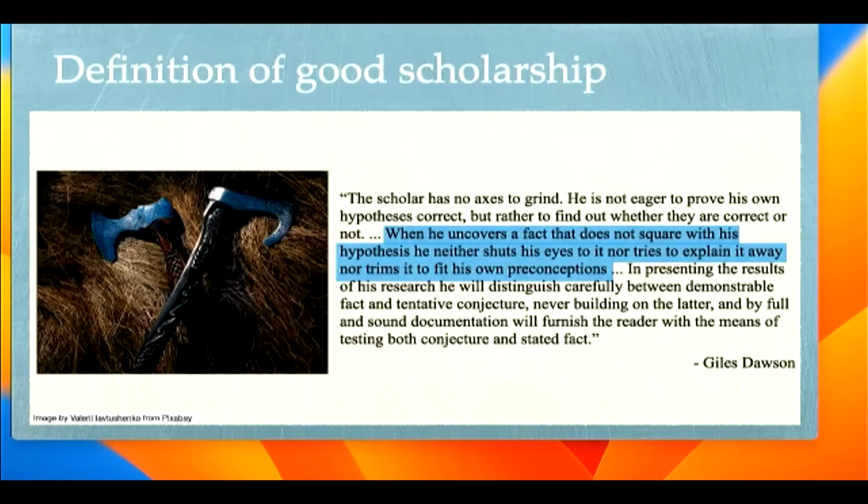In presenting the results of his research, he will distinguish carefully between demonstrable fact and tentative conjecture, never building on the latter, and by full and sound documentation will furnish the reader with the means of testing both conjecture and stated fact. The problem is that many people find this impossible when it comes to the authorship of the works.